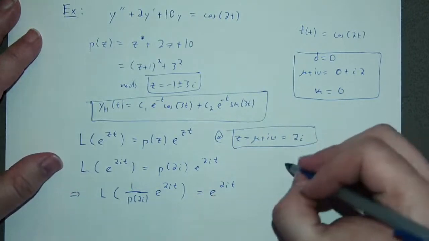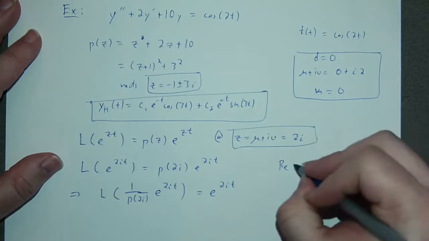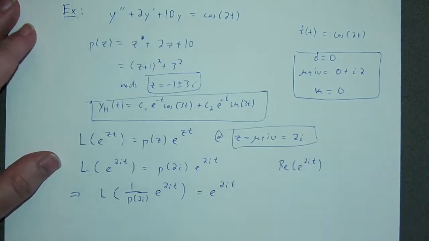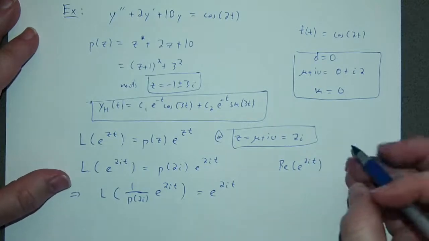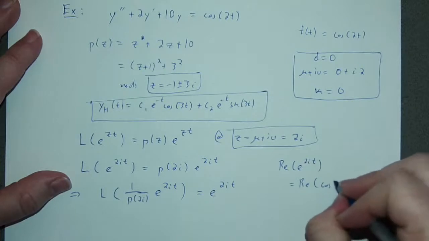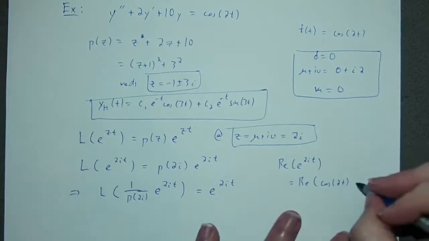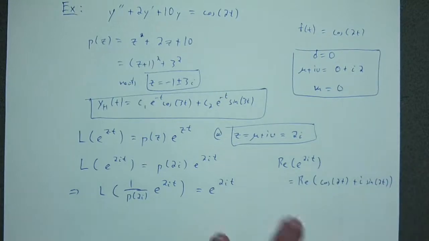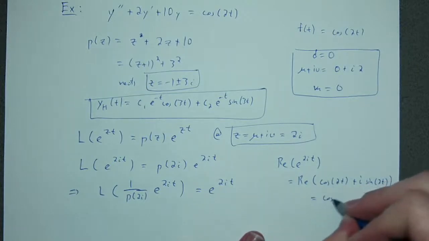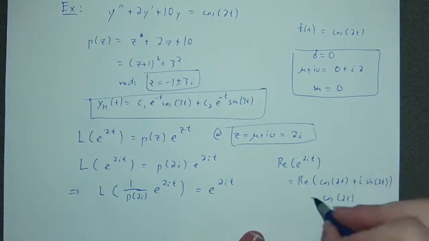But it's close. Notice, what is the real part of e to the 2it? Well, e to the 2it is really cosine of 2t plus i sine of 2t. What's the real part of cosine of 2t plus i sine of 2t? Cosine of 2t.